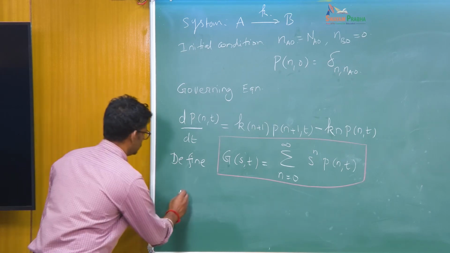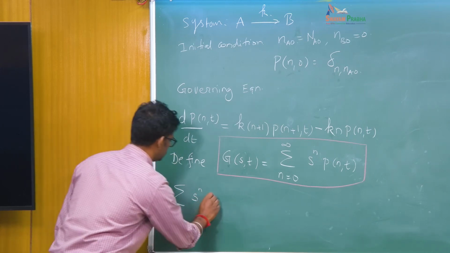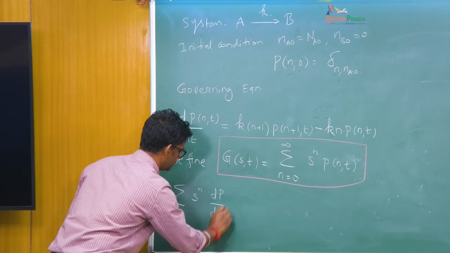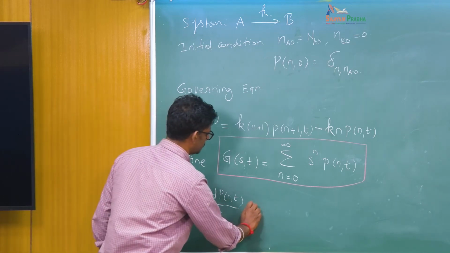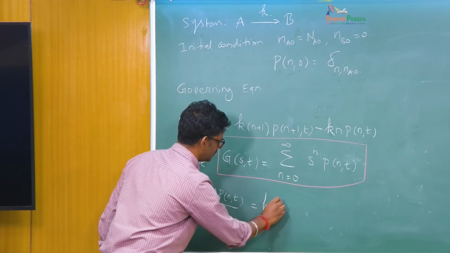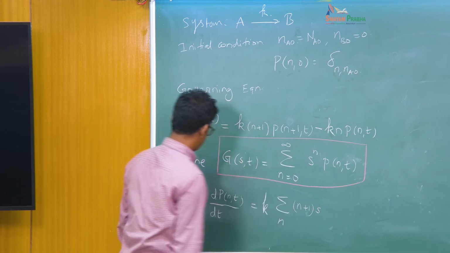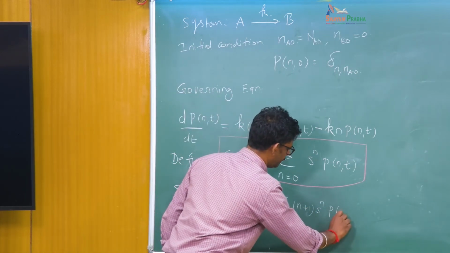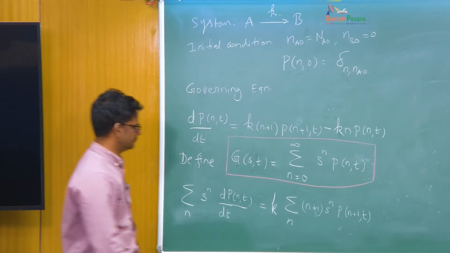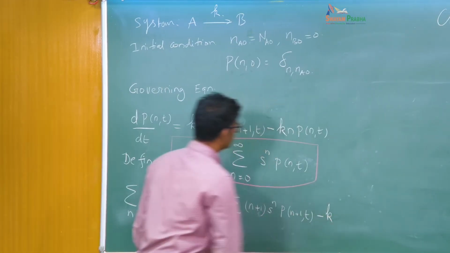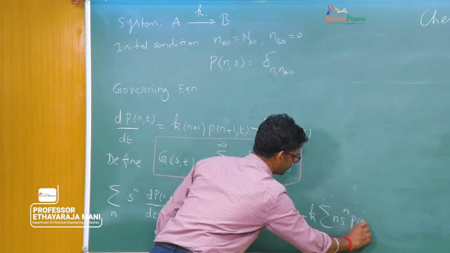So we have the sum over n of s^n dP/dt equals k, which is constant so it comes out, sum over n of (n+1) s^n P(n+1, t) minus k sum of n s^n P(n, t).